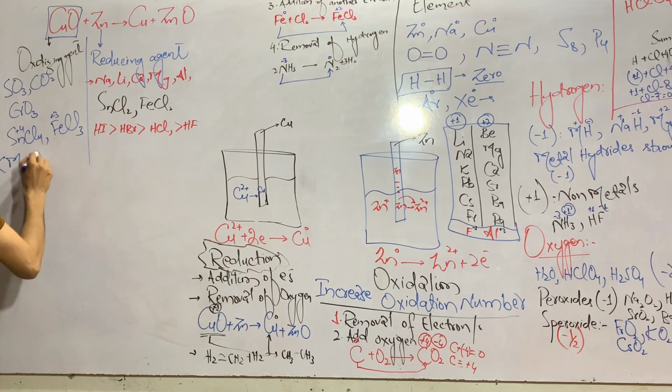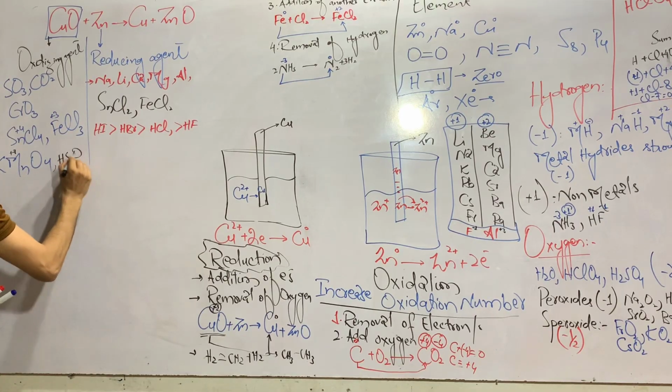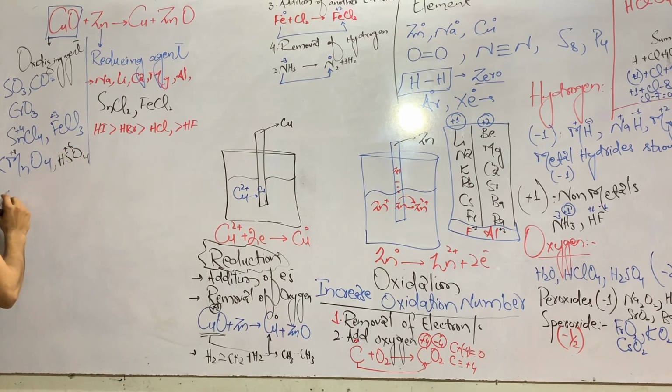KMnO4: you can find the oxidation state of Mn here. -8 plus 1, so -7. When it turns to the other side, it becomes +7, so +7 for Mn. H2SO4, sulfur in +6 oxidation state. K2Cr2O7, Cr is in +6 oxidation state.